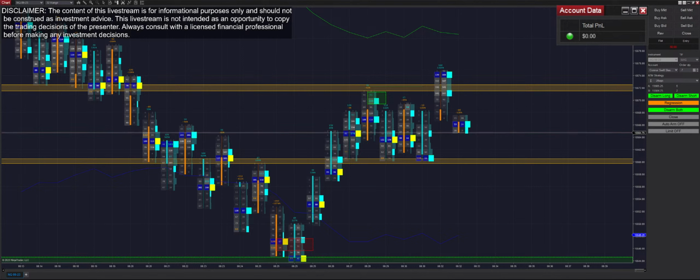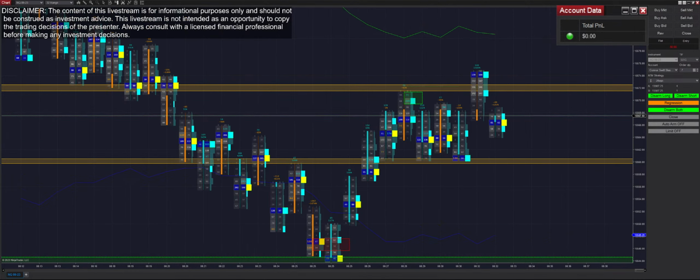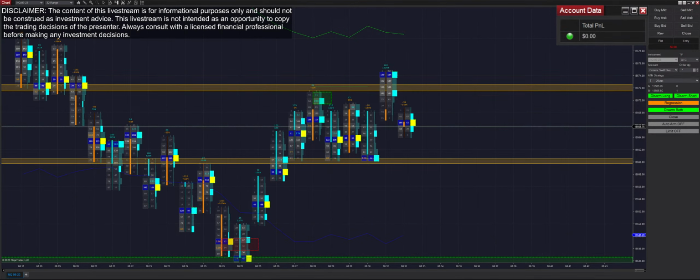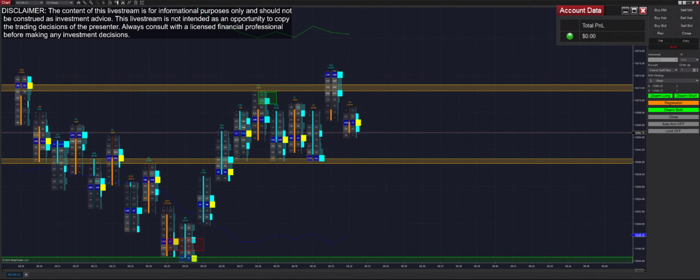And if it exits this range, we're obviously going to be putting it into trend mode. Market's not moving super fast today, so we might have to wait some time for us to get into a trade.